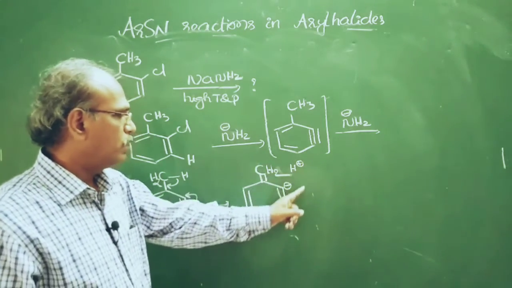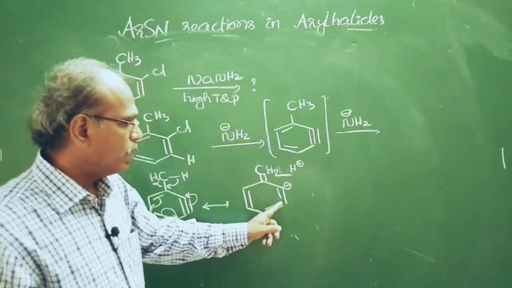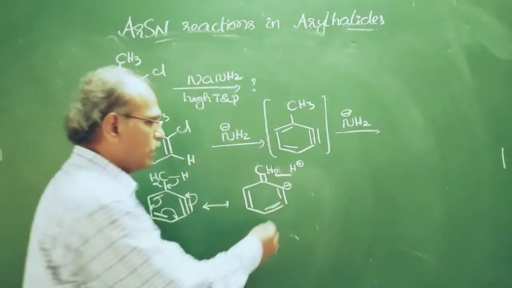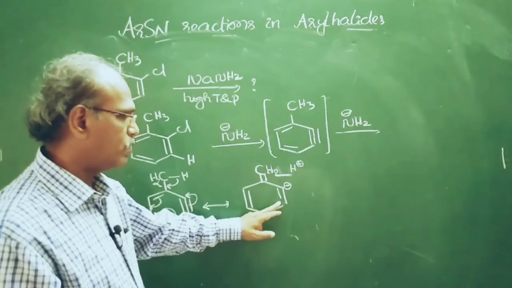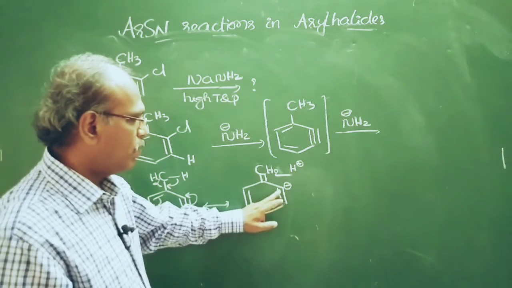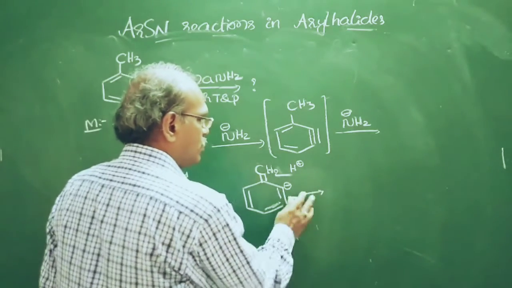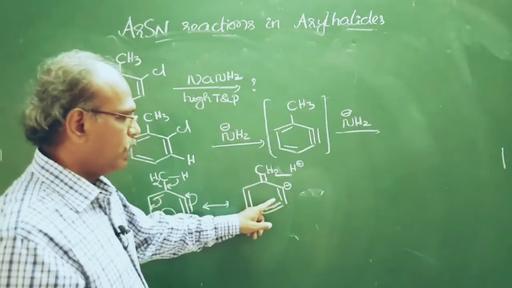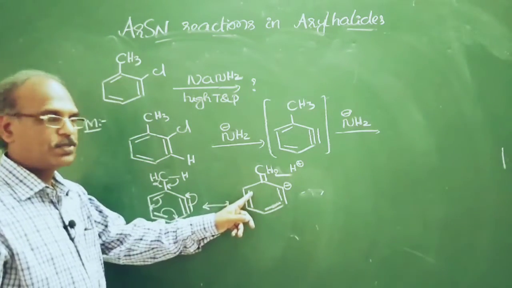Look at this. Here, see, it has two double bonds. This carbon has two double bonds. Actually, what I expect is 180 degrees at this, but here, see, because of this, the stability of benzyne is decreased.